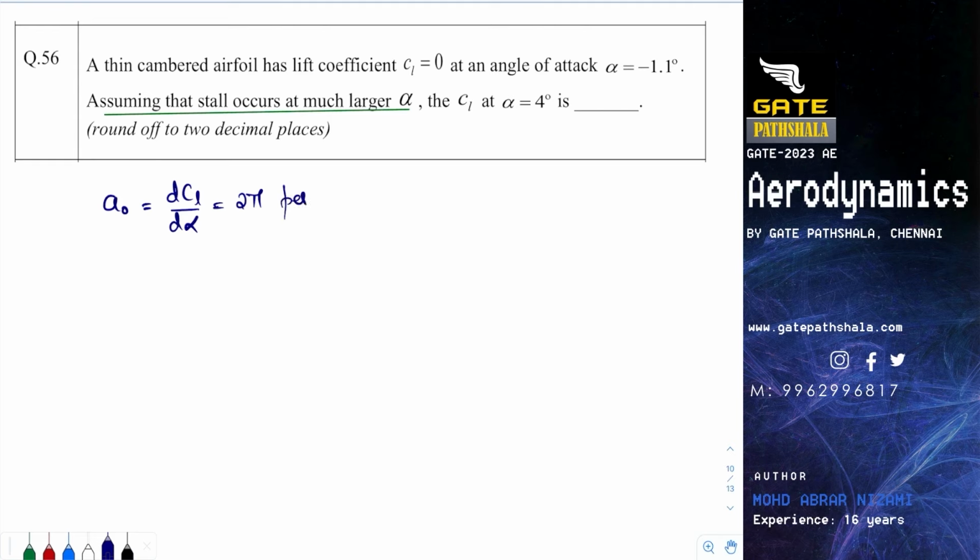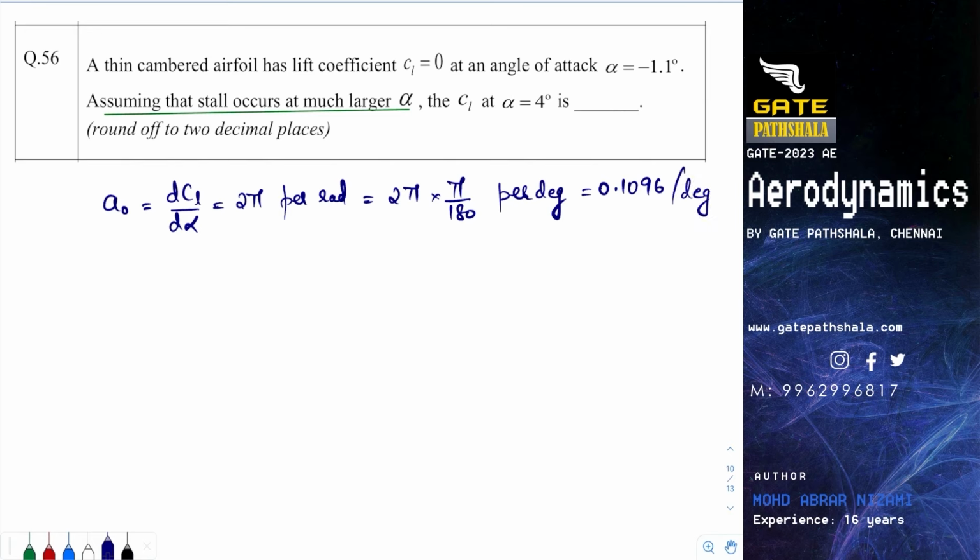I would like to convert this into per degree, so I multiply with pi by 180 to get it in per degree, which happens to be 0.1096 per degree.